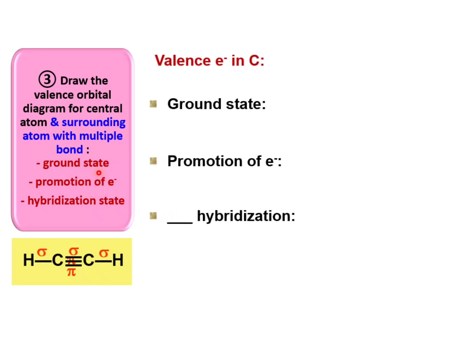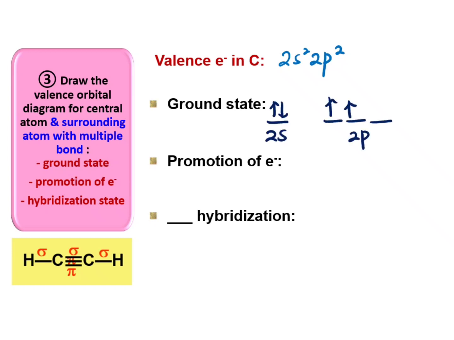Okay, now kita nak lukis valence orbital diagram for carbon atom. So we know that just now dia punya valence electronic configuration untuk carbon tadi adalah 2s2 2p2. Kita ambil terus outermost shell dia, and then baru kita buat dia punya orbital diagram.